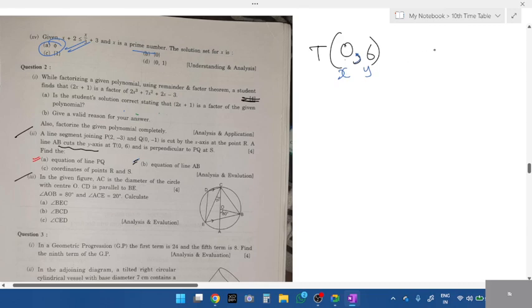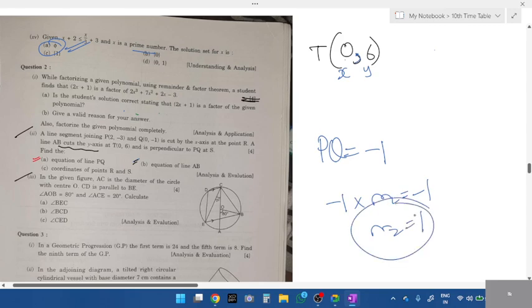If it is perpendicular to PQ, what was the slope of PQ, students? All of you will respond. What was the slope of PQ we got? I think it was -1. So if it is perpendicular, -1 into M2 is equal to -1, so M2 is equal to 1.